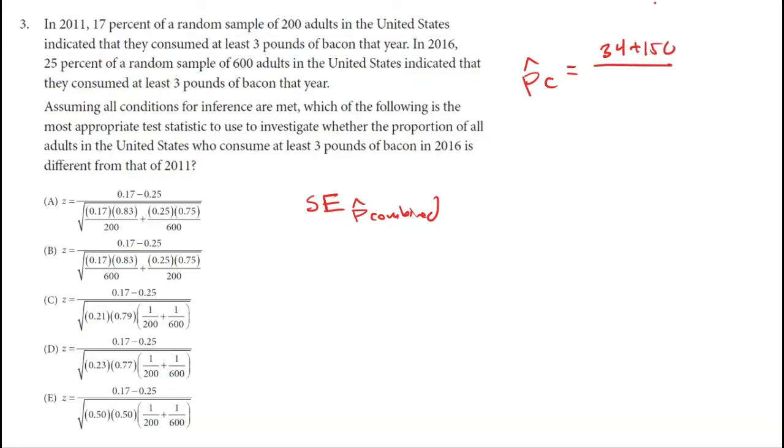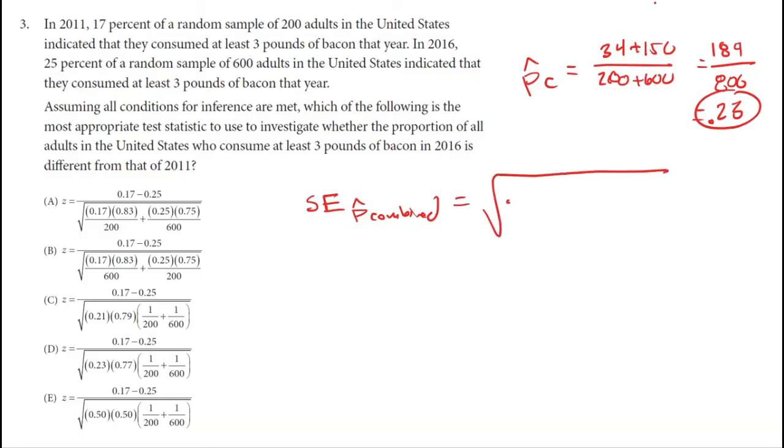And that's out of the grand total of the 200 adults from the first sample and the 600 adults from the second sample. So that's going to be 184 divided by 800 for my p-hat combined. So 184 divided by 800 gives me a p-hat combined of 23%. That is what I should be using to calculate my standard error combined.